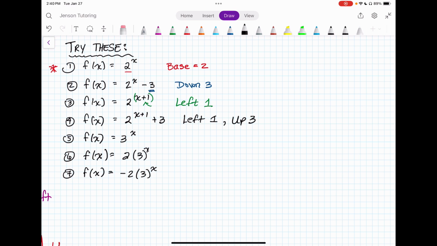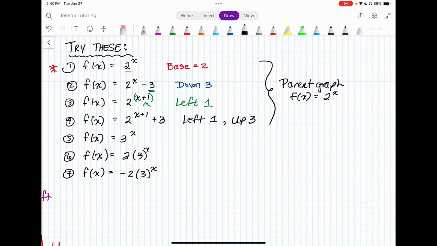So all of these functions are using the parent graph, so I can look at my parent graph of 2 to the x and then just shift those points around based on whether it's a vertical shift or a horizontal shift in this case.